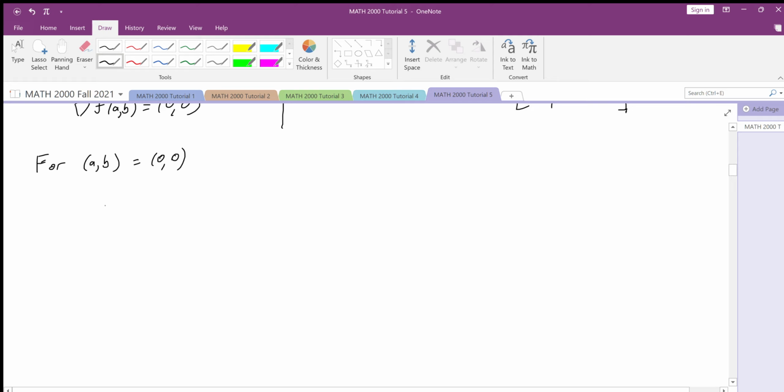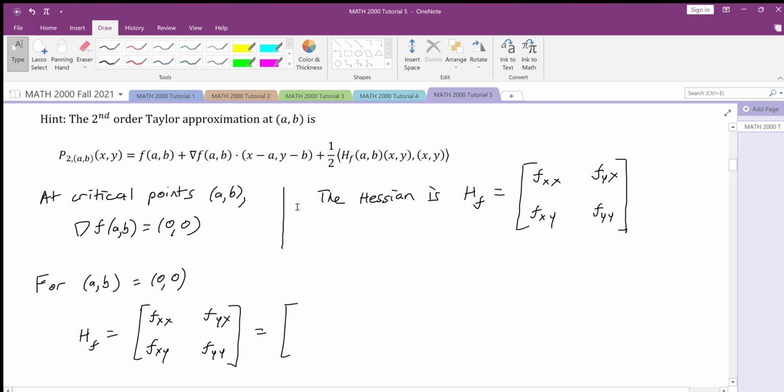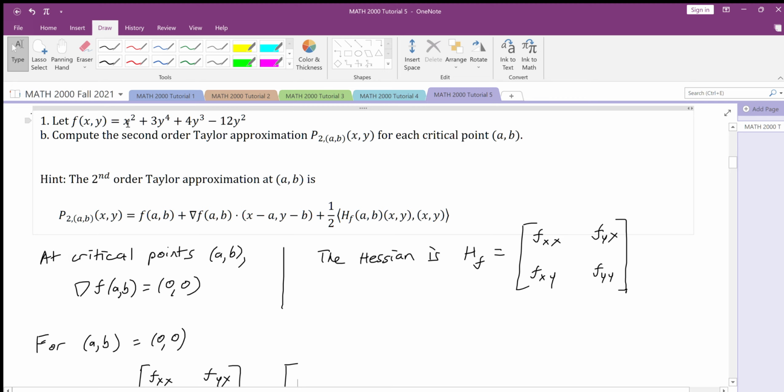So then we have the Hessian matrix. Let's just get this one out of the way, the double derivative. This would be equal to, if you scroll up a little, the second partial with respect to x, which you just get 2. If you do the mixed partials, you're getting 0. And the second partial with respect to y is 36y squared plus 24y minus 24.